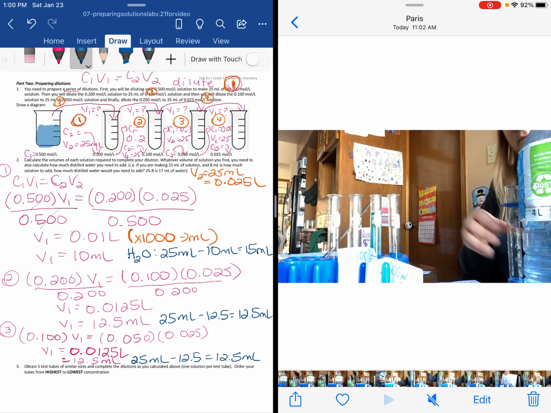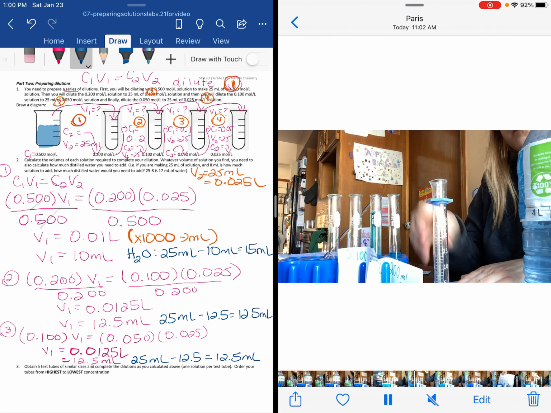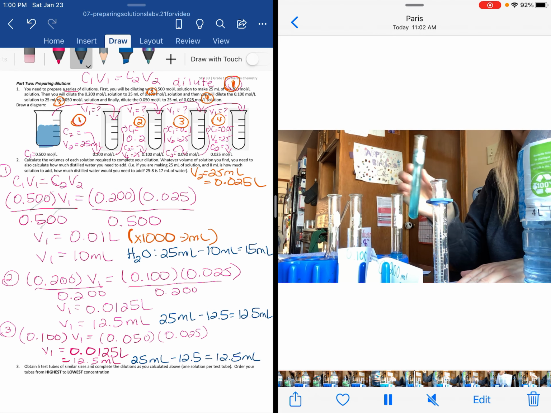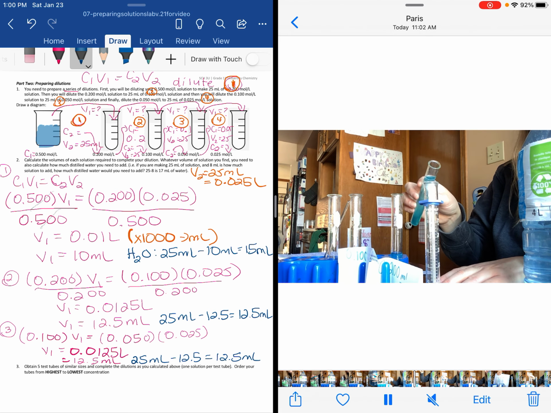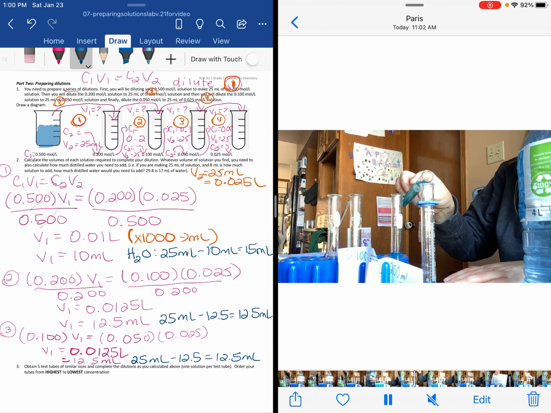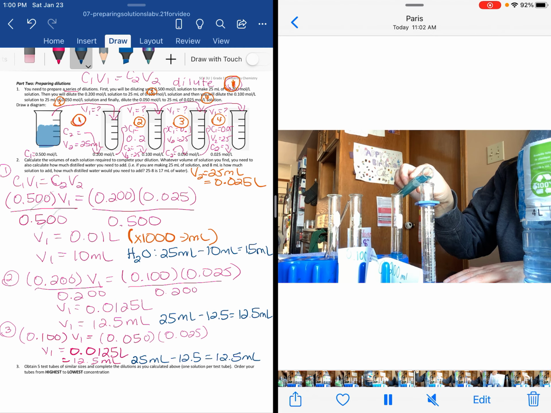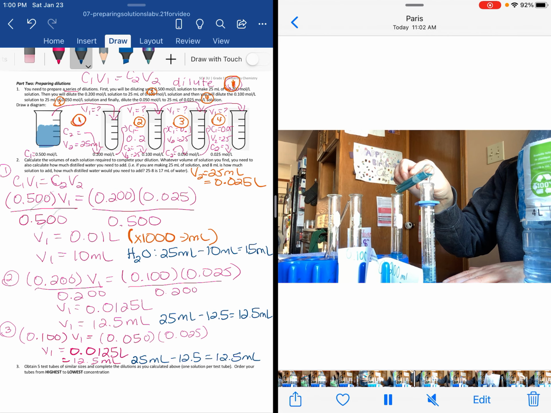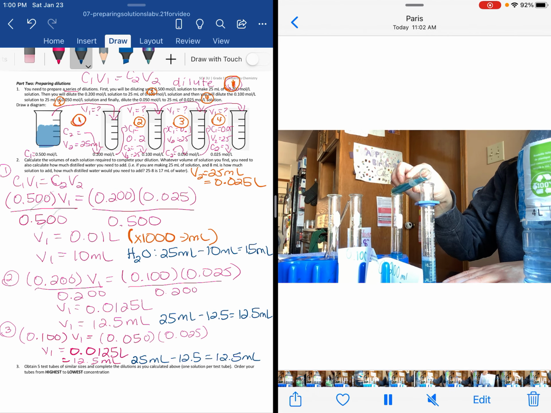So now I'm taking some of the 0.1 tube. I've got the graduated cylinder turned weird.